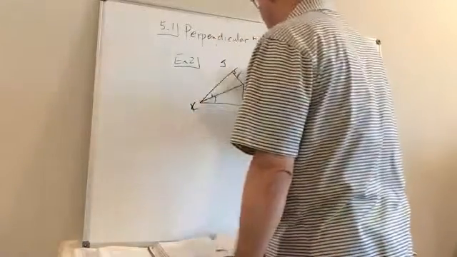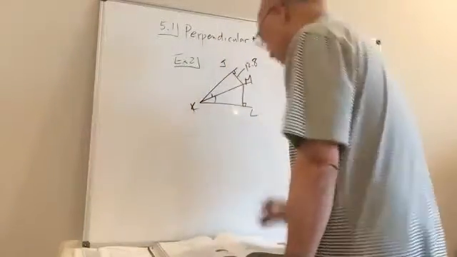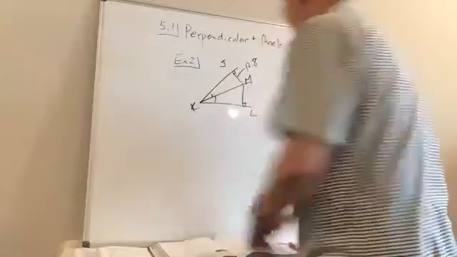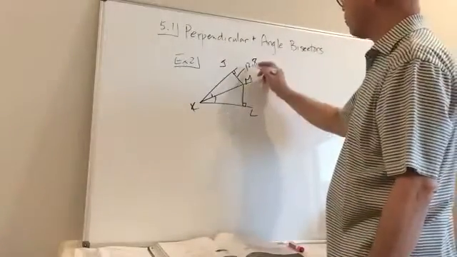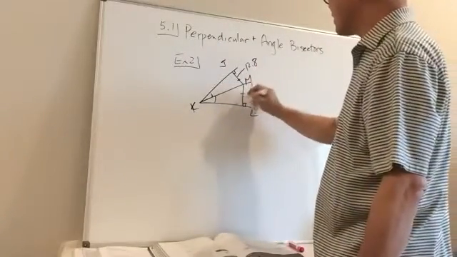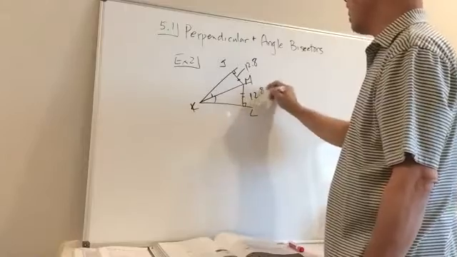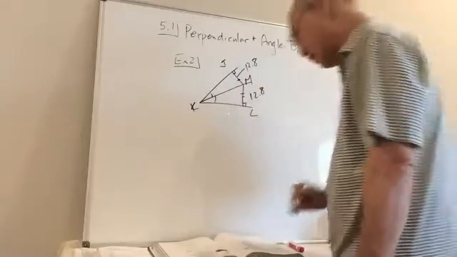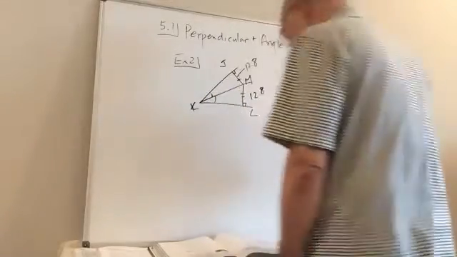We know that this guy here is 12.8, and we want to find what LM is. So this is going to be 12.8. Since this and this have to be the same, this is also going to be 12.8. So that was pretty simple. Let's go to the next one.